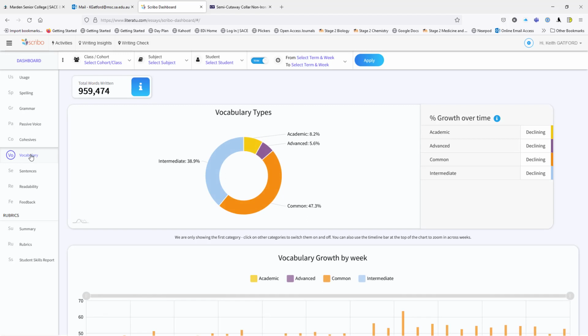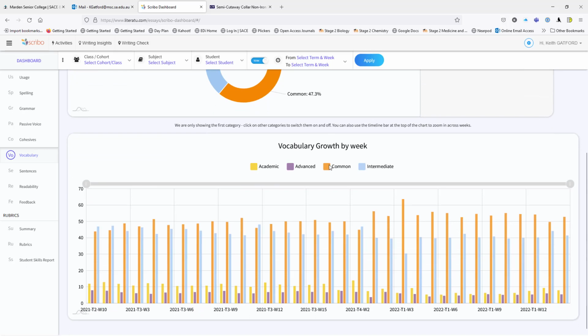In terms of vocabulary, a large proportion of common words, some intermediate words, a reasonable proportion of those, fairly low proportion of academic or advanced words. And once again, you can see we had that spike. Oh no, sorry, this is term 1 this year. We had a spike in there. So we've had some students using it quite well in term 1 so far, in week 3.